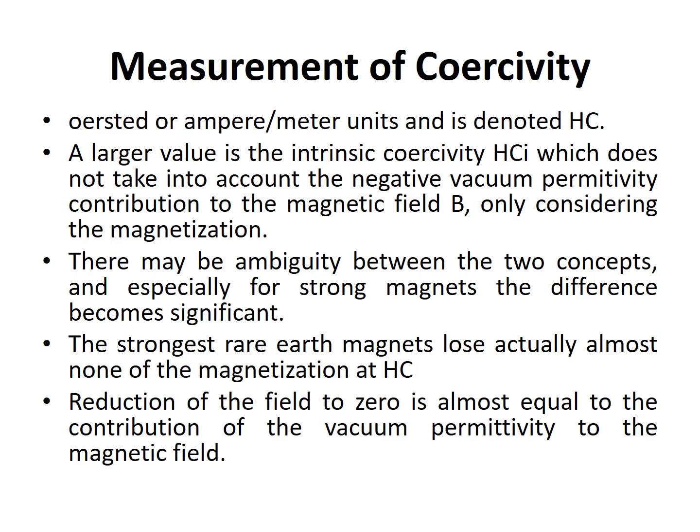There may be ambiguity between the two concepts, and especially for strong magnets, the difference becomes significant. The strongest rare earth magnets lose almost none of the magnetization at Hc, and the reduction of the field to zero is almost equal to the contribution of the vacuum permittivity to the magnetic field.